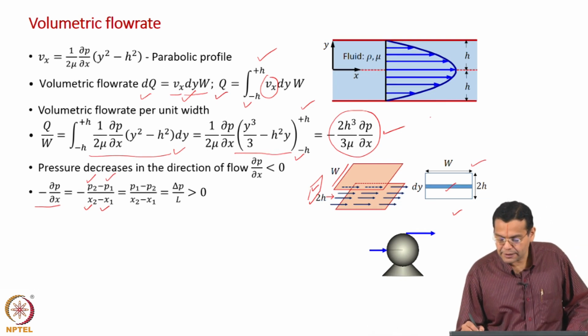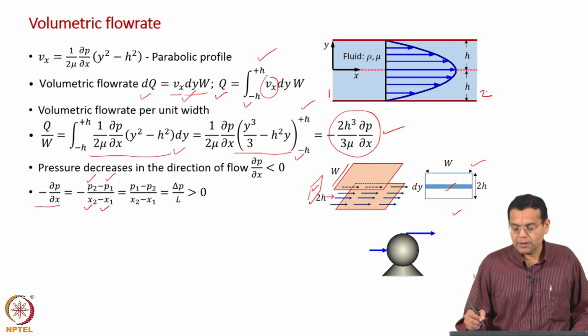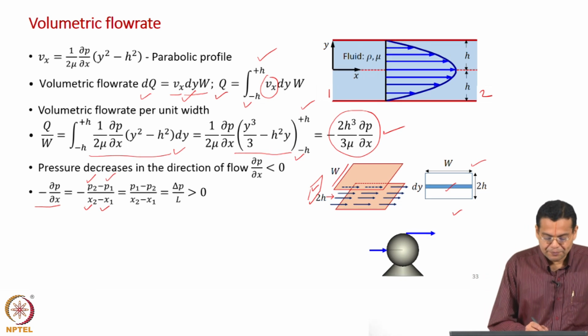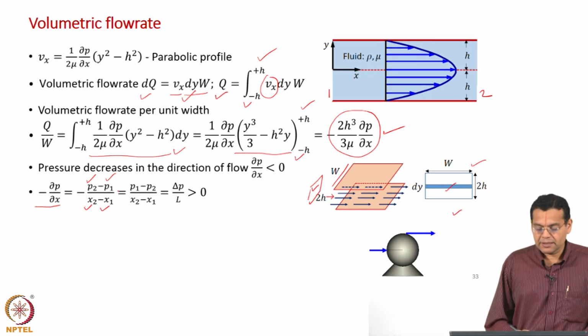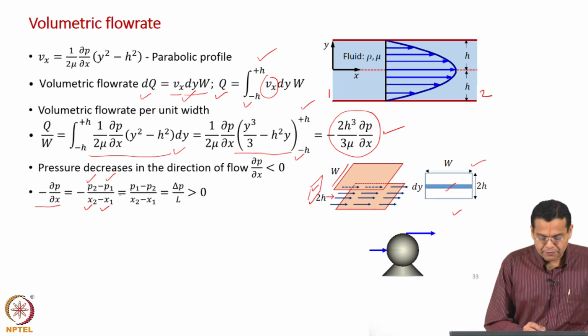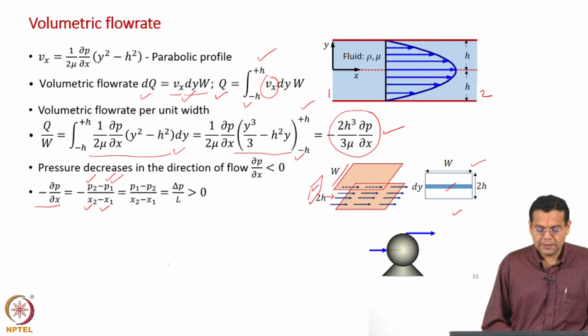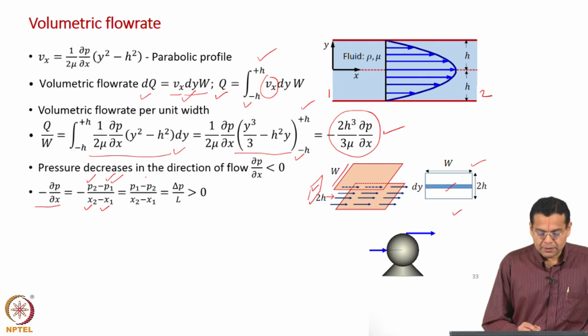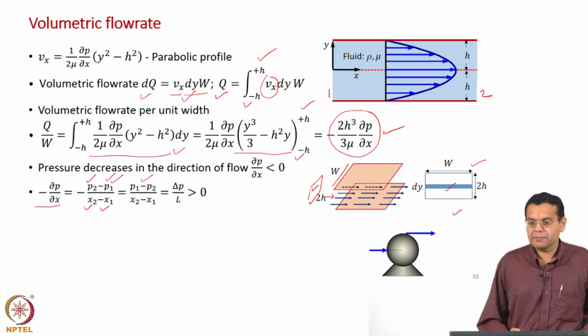Let us say you have point 1 here, 2 here, and the corresponding x values and then pressure values. Now, we know that pressure will decrease along the direction of flow, which means P2 minus P1 is negative. So, if we include the negative sign, the numerator can be written as P1 minus P2, and that is positive.